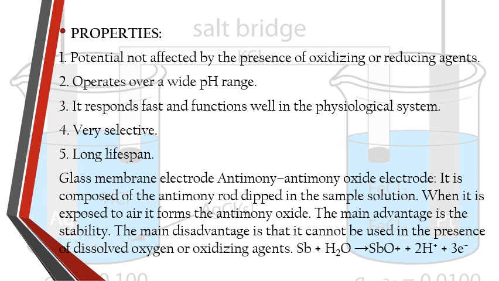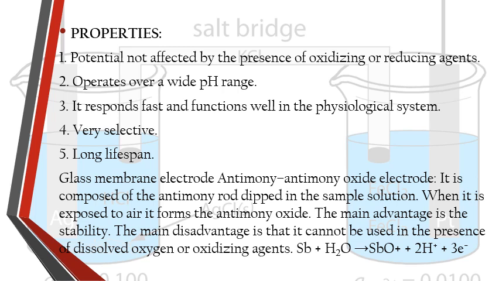In the reaction at the electrode, antimony reacts with water to form antimony oxide, hydrogen ions and electrons. This reaction is central to the electrode's ability to measure potential difference.